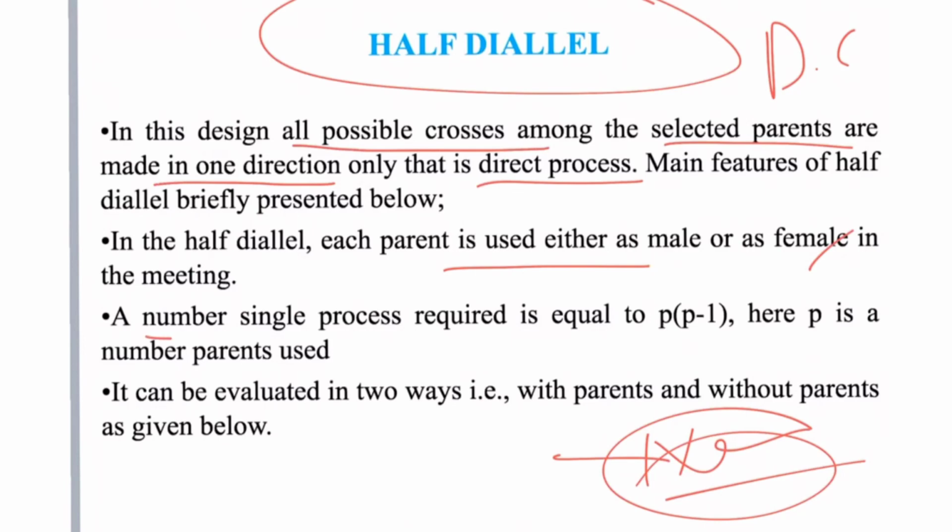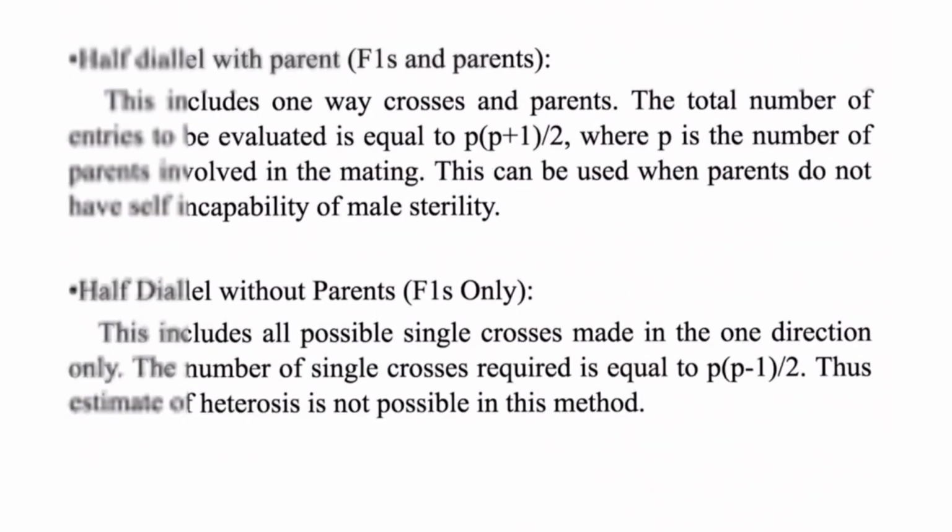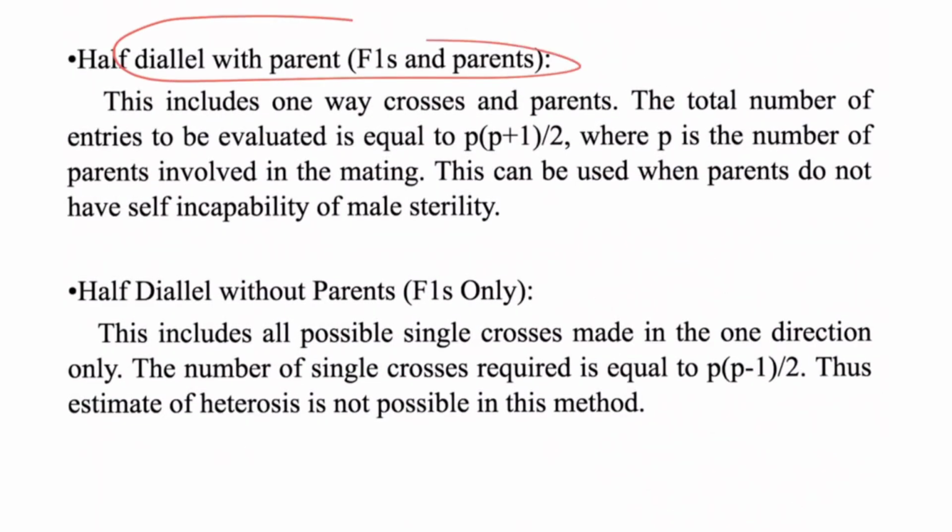Now in half diallel, the number of single crosses required is p(p minus 1)/2. Here p is the number of parents used or number of inbred lines. It can be evaluated in two ways, with the parents or without the parents, same as in the full diallel mating design.